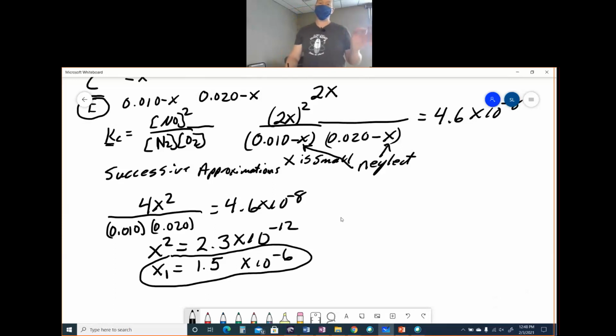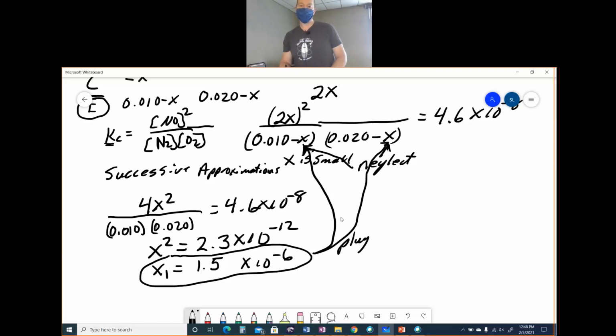We have to check it. When you do successive approximations, you've got to plug it in here and here, where it was neglected, and then get what we're going to call x2.